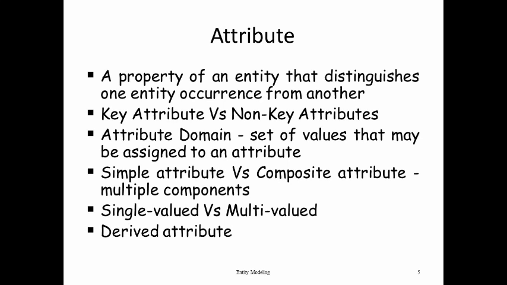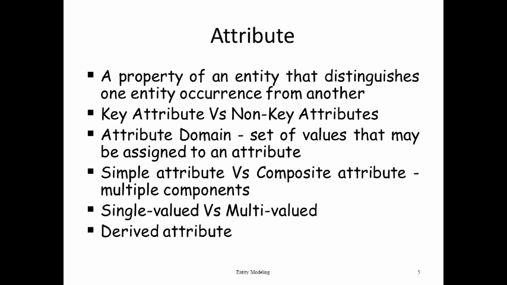So attribute domain would set a value that may be assigned to a particular attribute. For example, if it is a date of birth, it can only take the format of a date. If it is the name of a student, it can only take the format of alphabets, and so on.